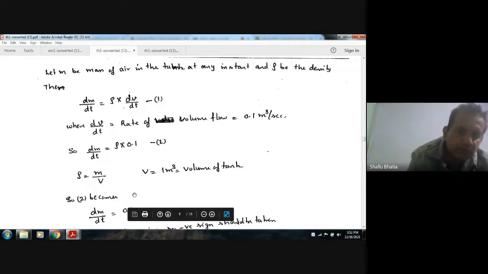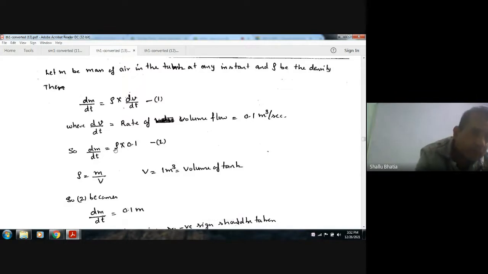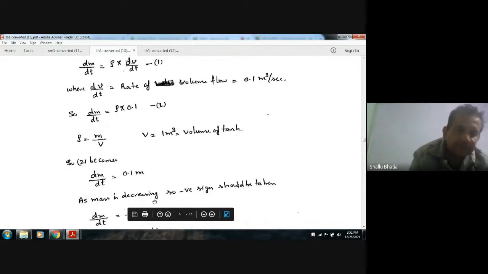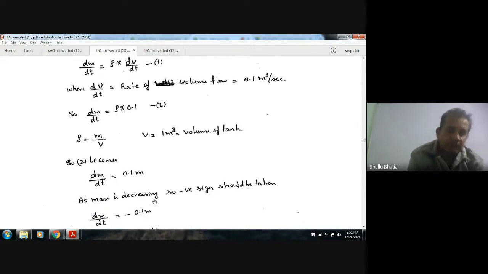Now putting rho equal to m by V, V is constant, it is the volume of the tank, 1 meter cube. So rho is m by V. Now we have the equation in terms of m. As the volume of air is going out, we take the minus sign.